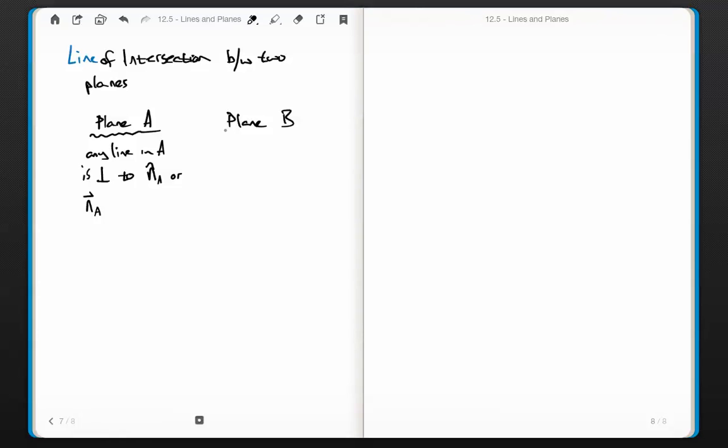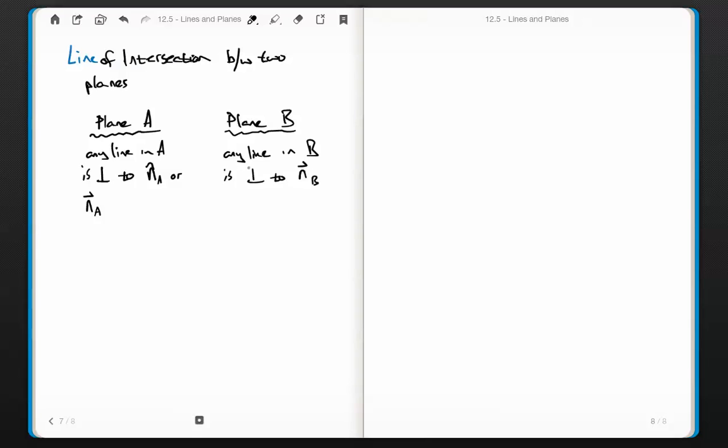And I know that any line in B is perpendicular to, again, the normal vector in B. So how does that help us?